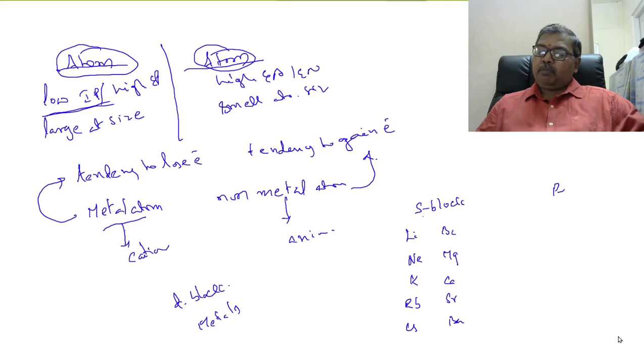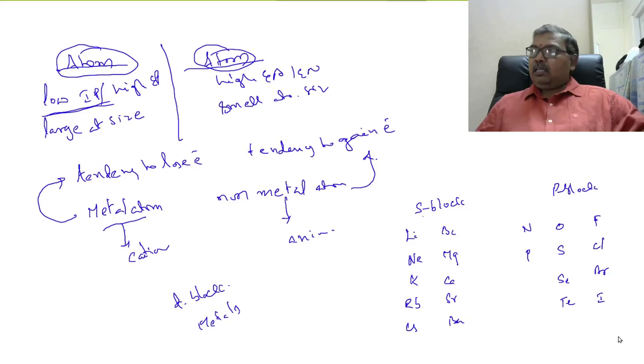Next, in the P block elements, you remember these: nitrogen, phosphorus in 15th group, and oxygen, sulfur, selenium, tellurium in 16th group, and in 17th group, fluorine, chlorine, bromine, iodine. Now, in S block elements, lithium, beryllium, and in P block elements, mainly iodine, tellurium, selenium.